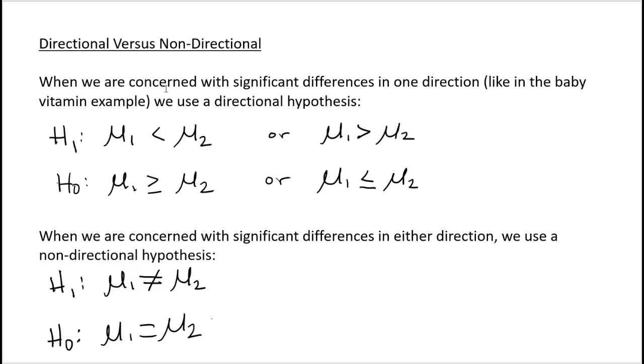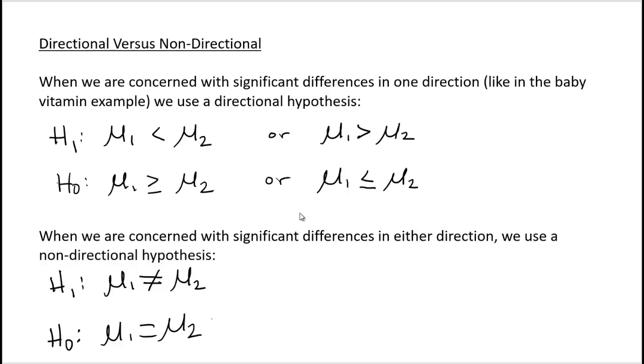When we're concerned with significant differences in one direction, like in the baby vitamin example from before, we use a directional hypothesis, which means that we are looking for a population 1 change that is either less than or greater than, if we're looking at the alternate hypothesis. For the null hypothesis, we are determining if our result is like the population that we are comparing it to, and that it is greater than or equal to or less than or equal to, depending on which side of the curve you're looking at.